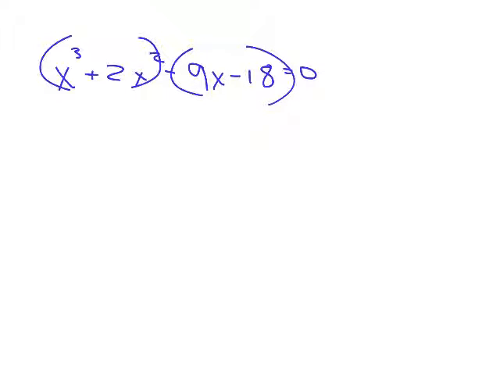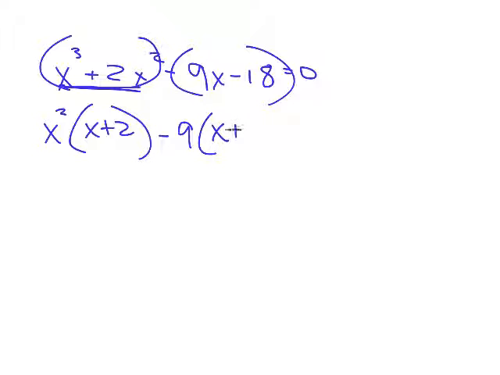Throw those two together like that. Then, on this one here, I can pull out an x squared and be left with an x plus 2. I can pull out a negative 9 and be left with x plus 2. See how I have an x plus 2 left when I pulled that 9 out?